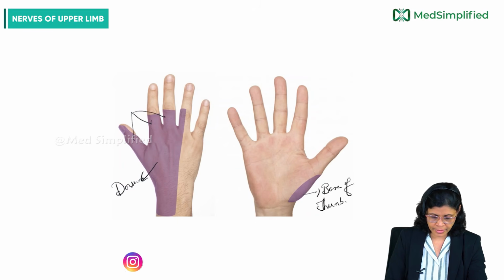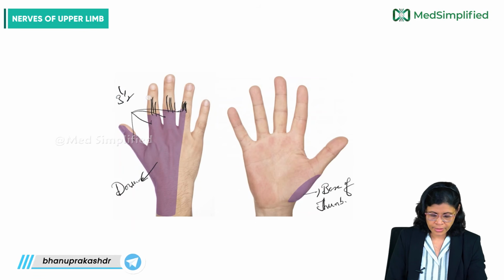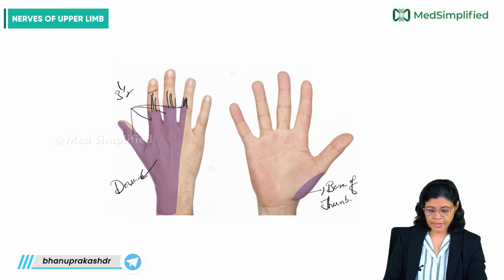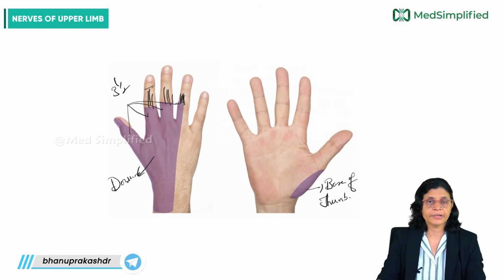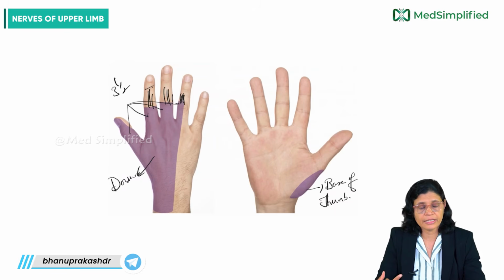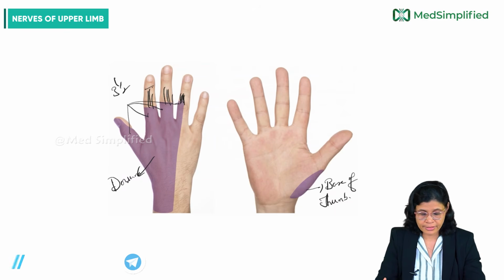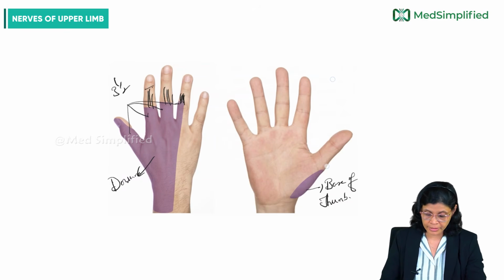So 3.5 digits it supplies up to here, up to the base of the nail beds. The region over the distal phalanx is not supplied on the dorsal part.